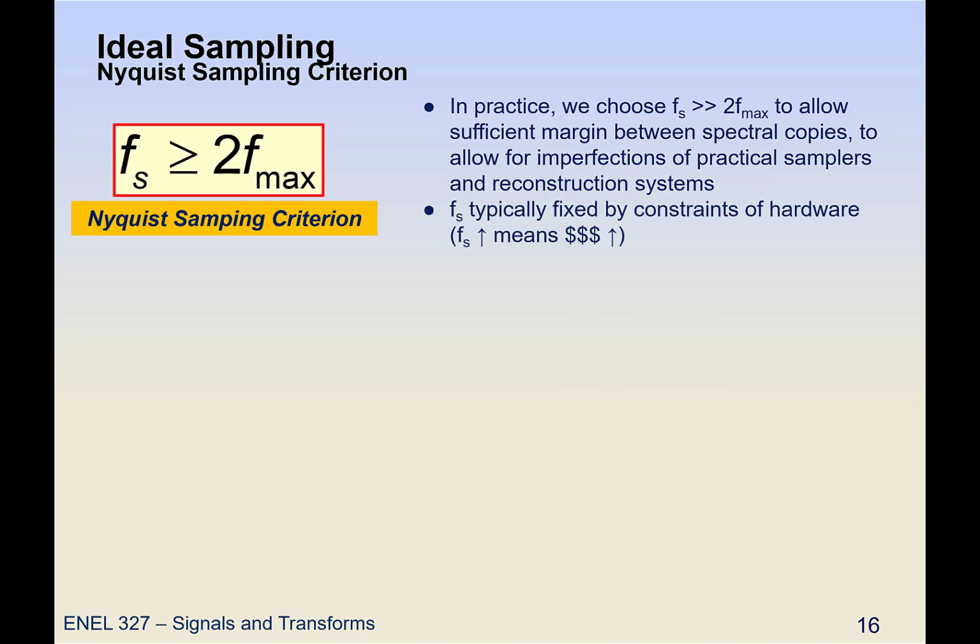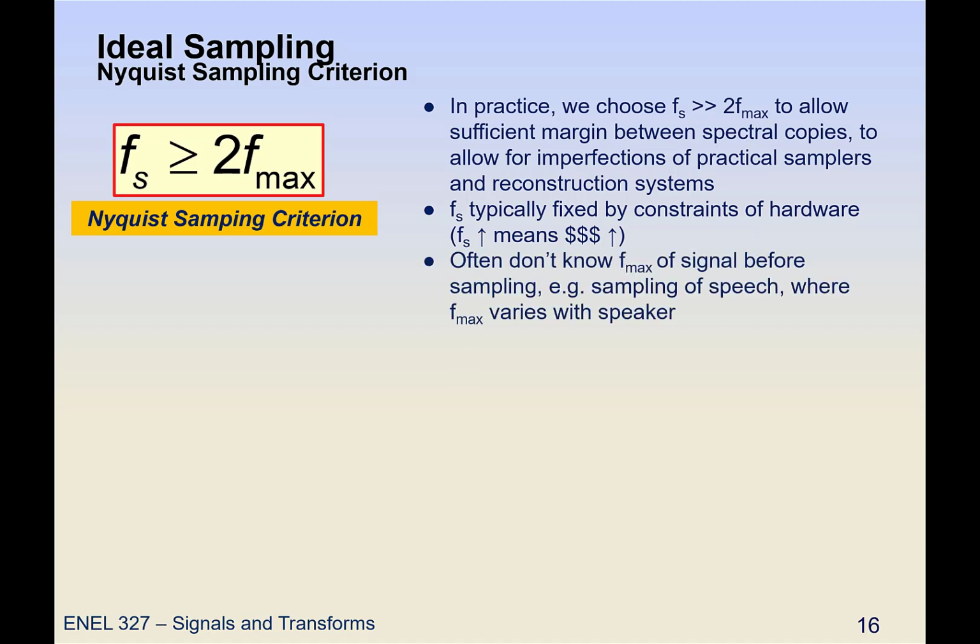Now, those sampling frequencies are typically fixed by the constraints of the hardware. If you go to higher sampling, that means more money. And we often don't know the frequency range of the signal that's coming into the system, so we don't know what that maximum frequency might be.